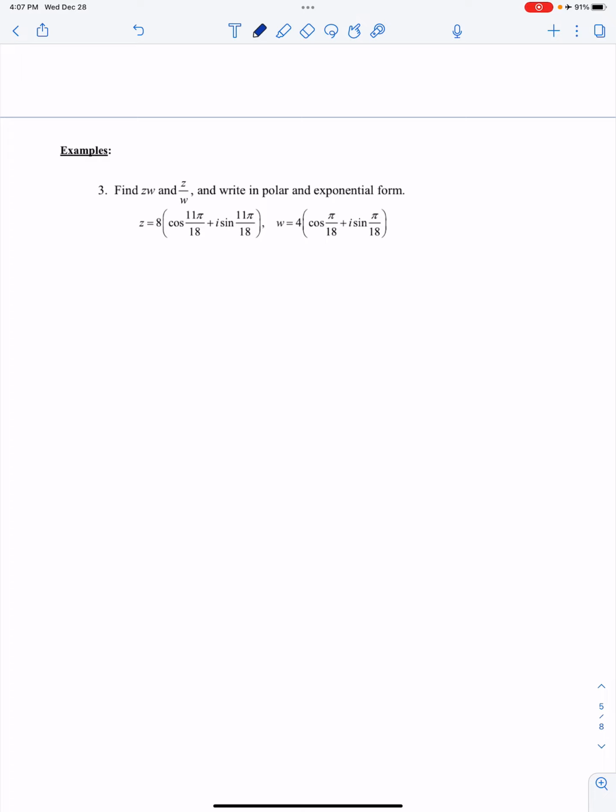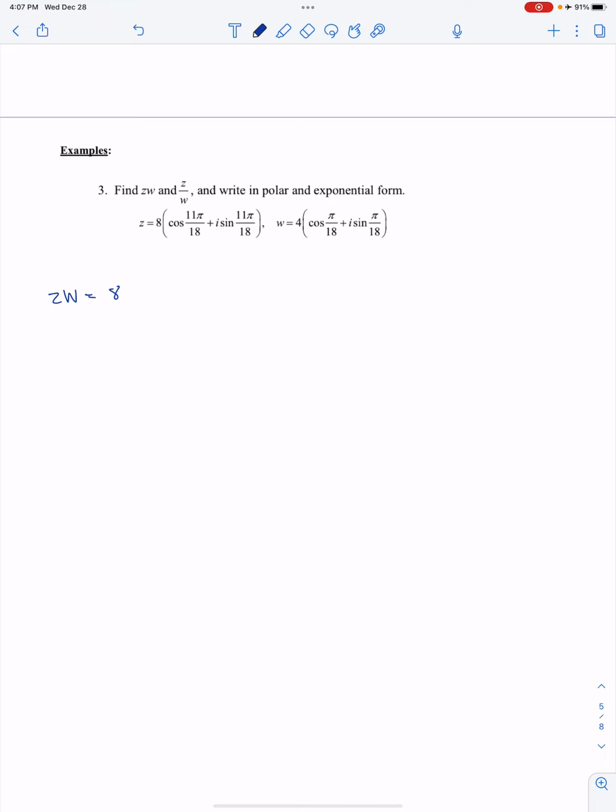products and quotients. So we want to find z times w, if z is 8 times cosine 11 pi over 18 plus i sine 11 pi over 18, and w is 4 times cosine pi over 18 plus i sine pi over 18. Let's start with z times w.